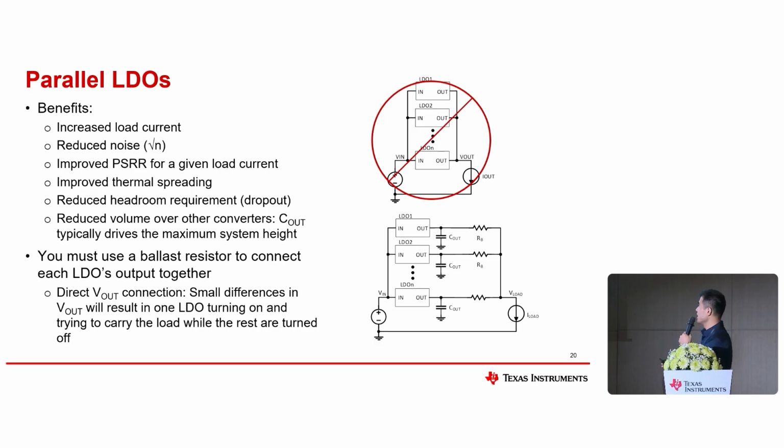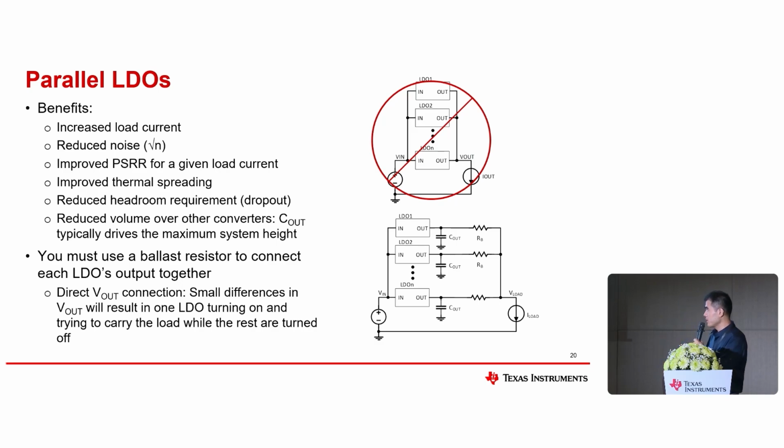That means you will draw more current through, for example, LDO 1, and it will destroy the LDO. But we can improve this by only adding a resistor here, a ballast resistor.